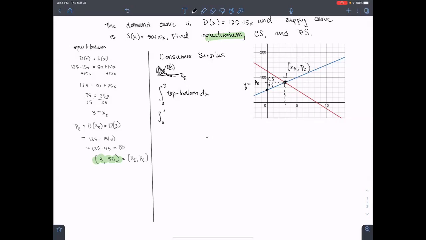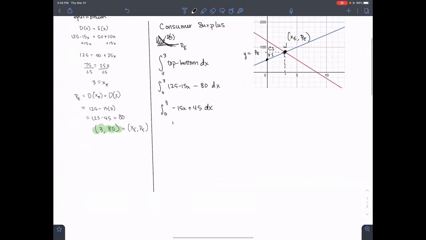The top function is our demand curve, so 125 minus 15x. And the bottom function is just y equals p sub e, so 80. So we're looking at the integral from 0 to 3 of 125 minus 80, which is 45, so negative 15x plus 45 dx.